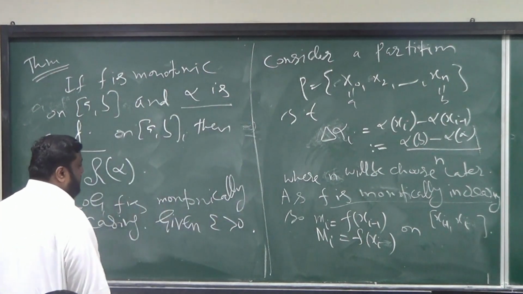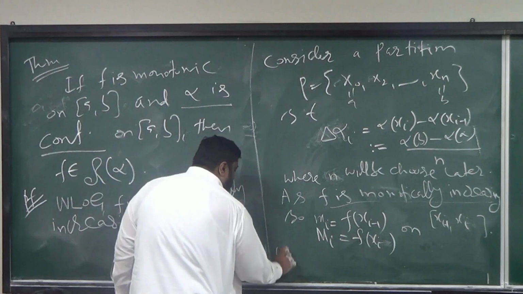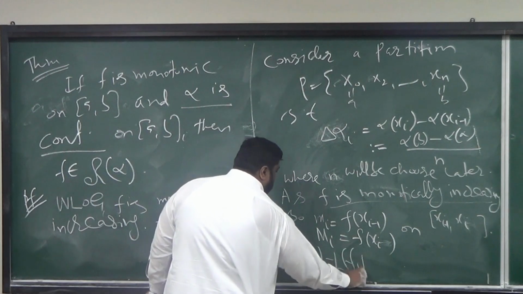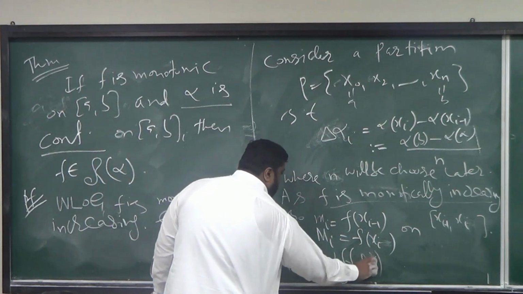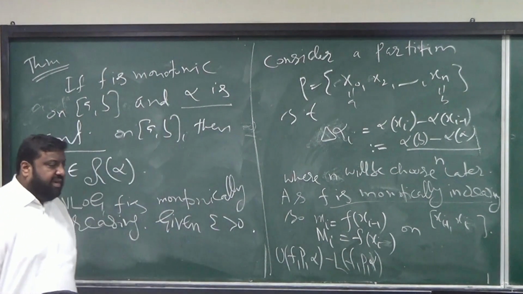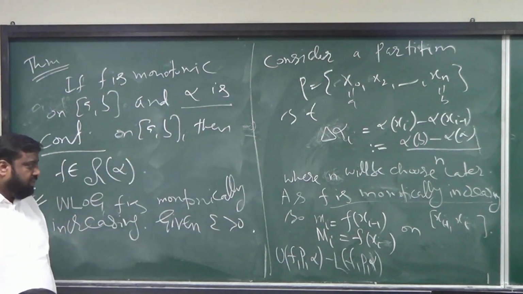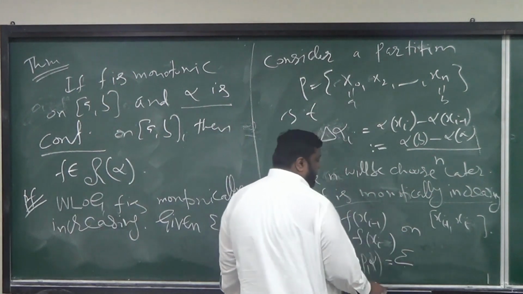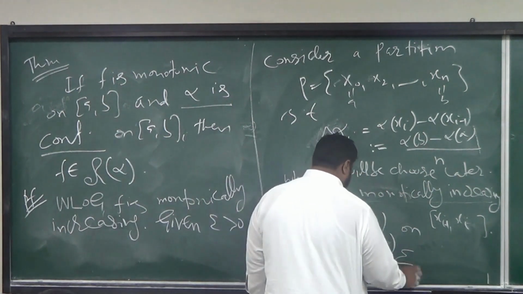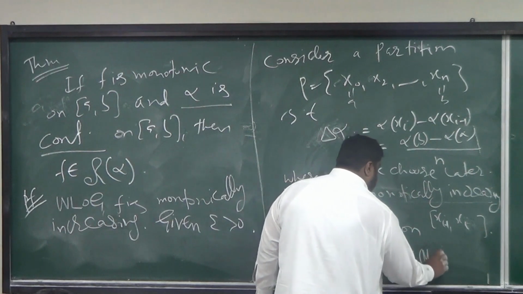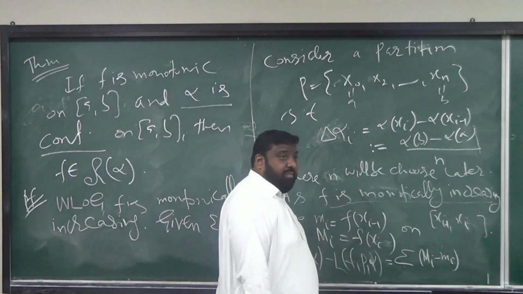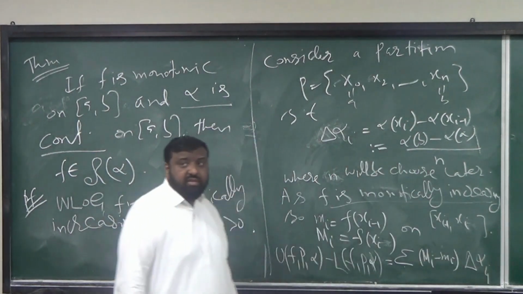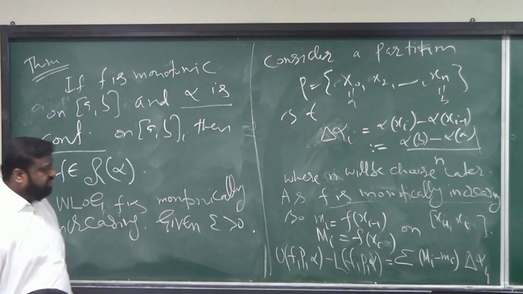If this is the case, then consider the upper and lower sums with respect to alpha. What would be that difference by definition? This difference is going to be equal to the sum from 1 to n of capital Mi minus small mi multiplied by delta alpha I. Great.